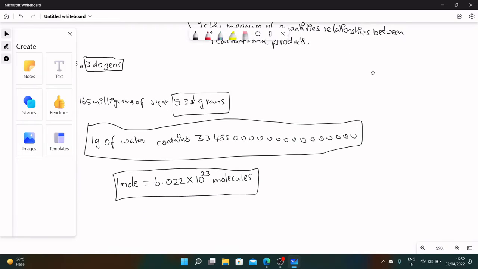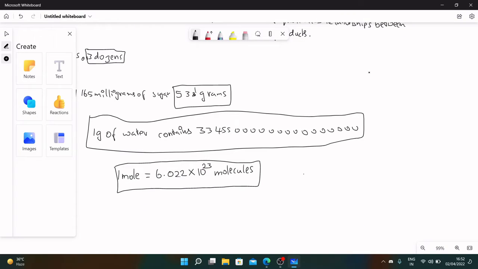The measure of a quantity in stoichiometry can be mass of solids, that's measured in grams, volume of liquid, in centimeter cube, volume of gas, in decimeter cube, and the number of representative particles.